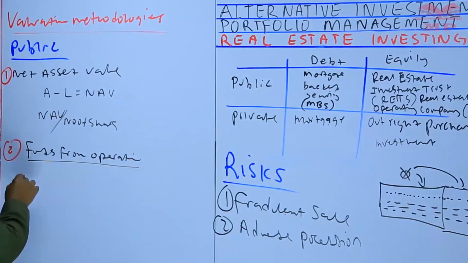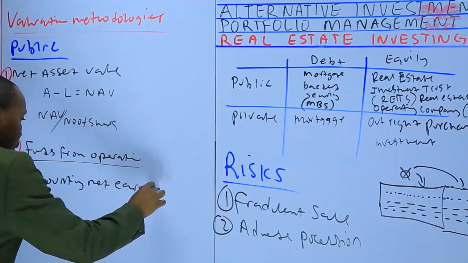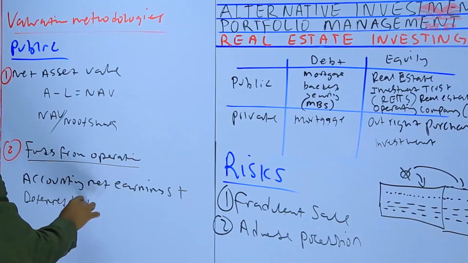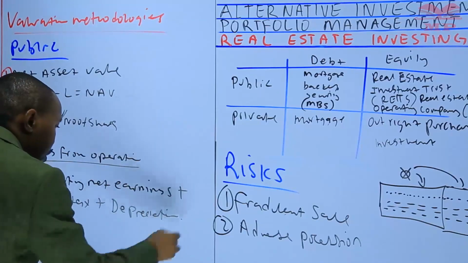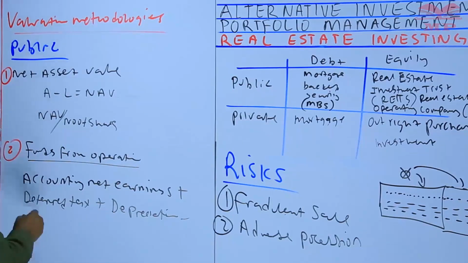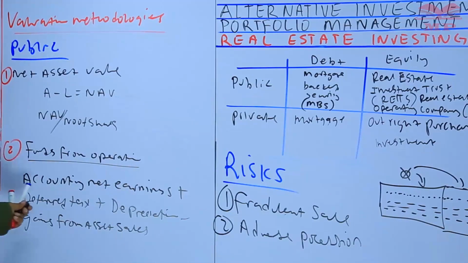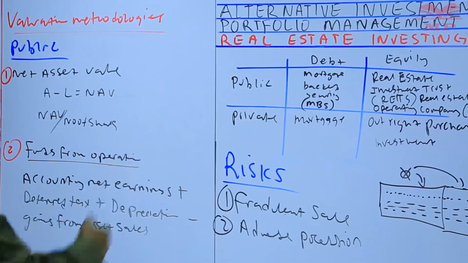So we have accounting net earnings, plus deferred tax, plus depreciation, less gains from asset sales.